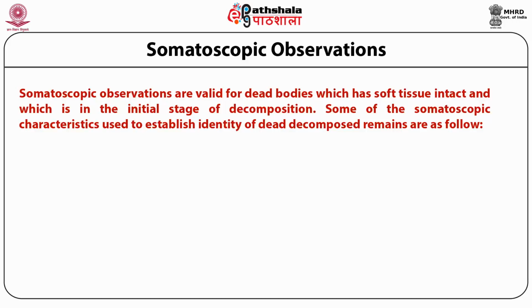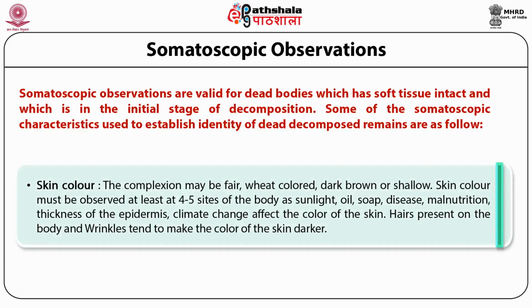Some of the somatoscopic characteristics used to establish identity of dead and decomposed remains are skin color, eye color, teeth, and hair. The complexion may be fair, wheat colored, dark brown, or shallow.